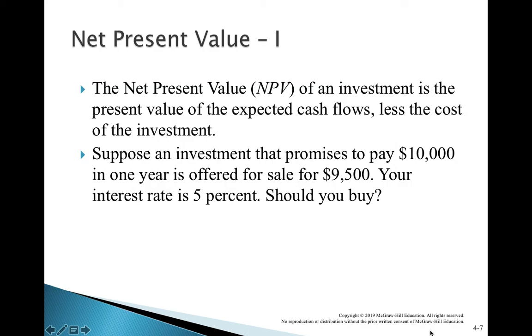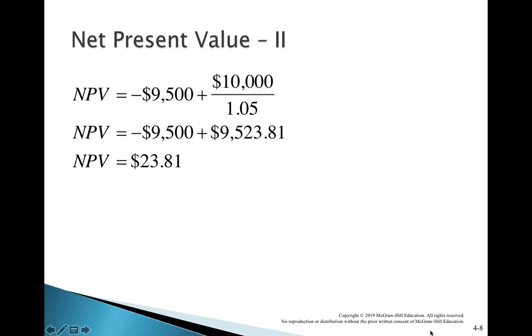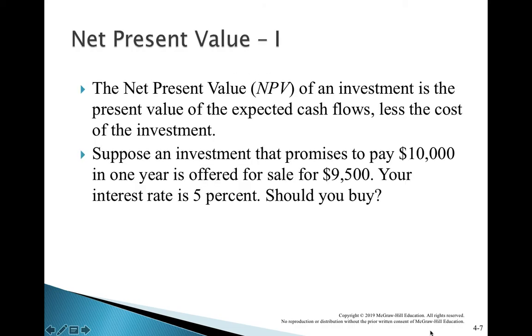So 10,000 divided by 1.05, because future value divided by 1 plus R will be the present value. So the investment is offering 10,000 after 1 year for 9,500 today.